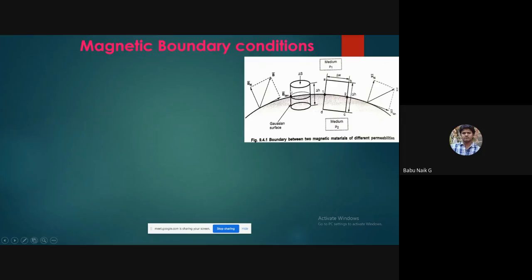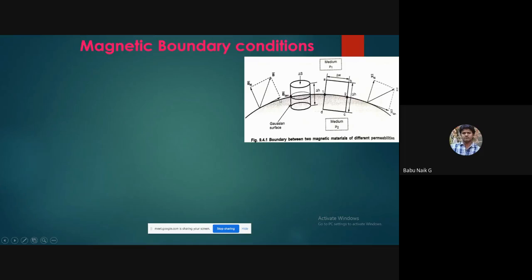To calculate the magnetic flux density, which is normal, perpendicular to the boundary condition line, we need to consider a Gaussian surface. If we are going to draw the tangential component on the boundary condition line, we consider a closed path or rectangular box.